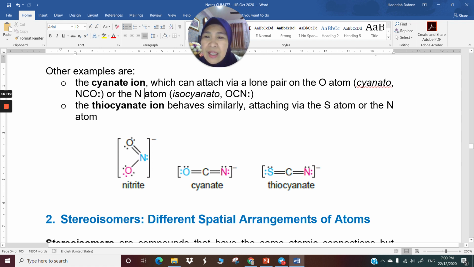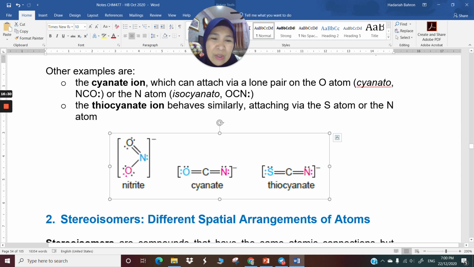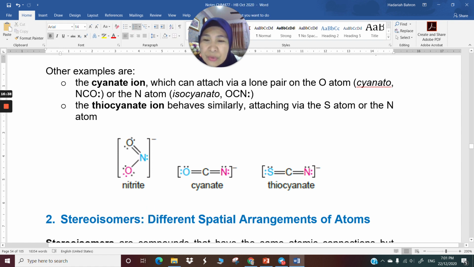So when it's donating through sulfur, the compound is different. When it donates through nitrogen, it is called isothiocyanato. Yeah. So you have NO2 doing the same linkage isomerism.